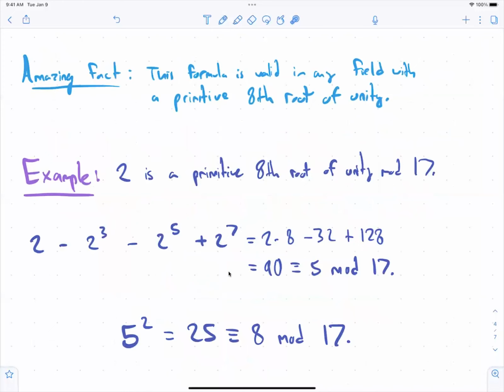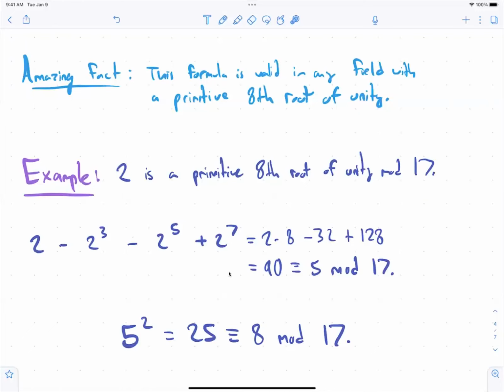If I do 2 to the 8, I get 256, and that's 1 mod 17, and it's the first time that happens. You can check that on your own in Sage, but I'm telling you 2 is a primitive eighth root of unity mod 17. Note that this is different from when we say primitive root mod 17, which would mean a primitive 16th root of unity mod 17. So here this is actually a square of a root, but anyway.